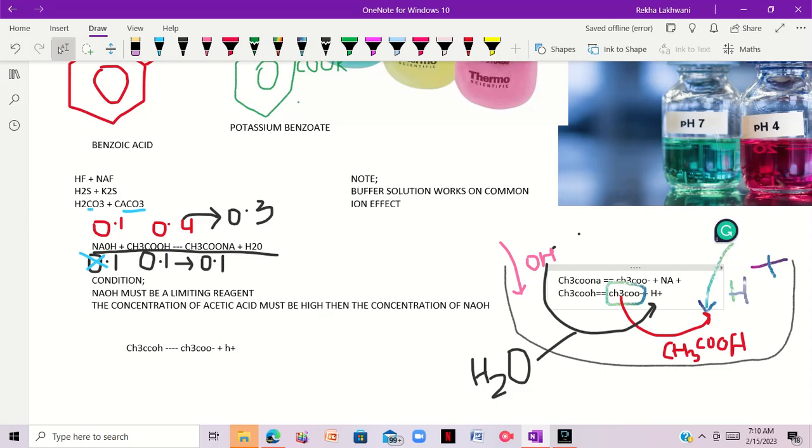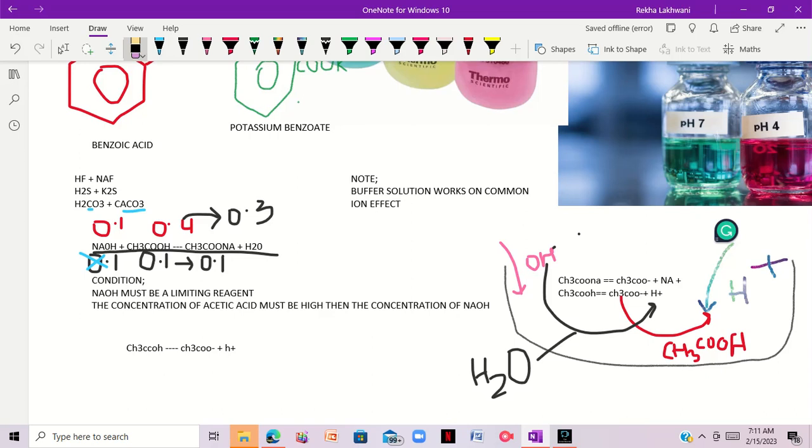Okay, now let's consider this again. In a buffer solution we want a weak acid plus a salt of a strong base. We have over here the salt of a strong base and a weak acid. Now this salt of a strong base will dissociate into CH3COO negative and sodium ions, and this weak acid will also dissociate into CH3COO negative plus hydrogen ions, right?